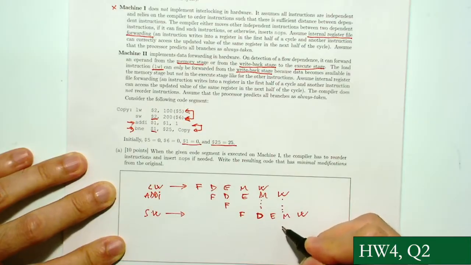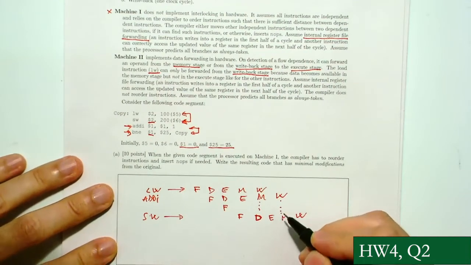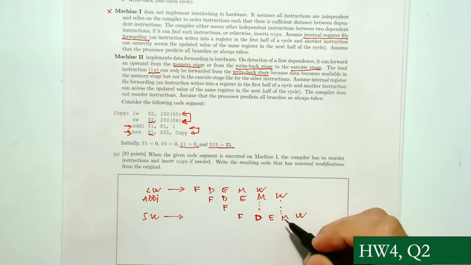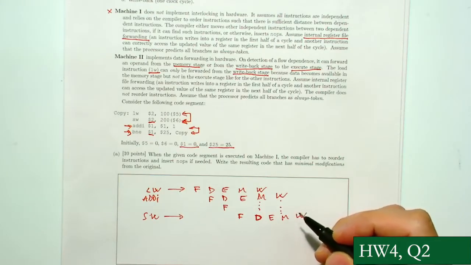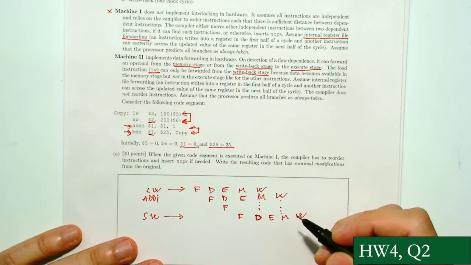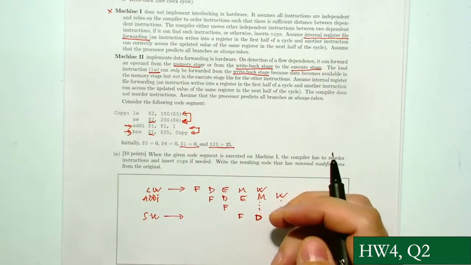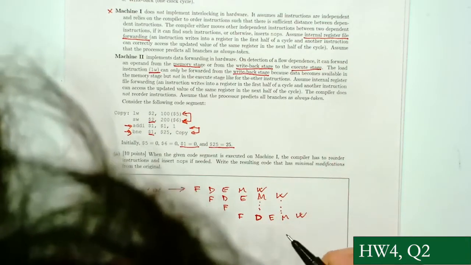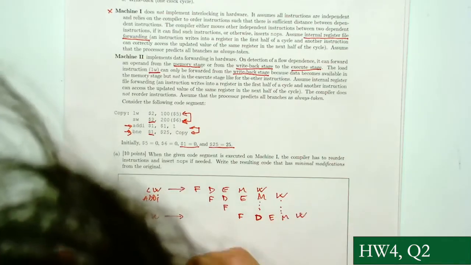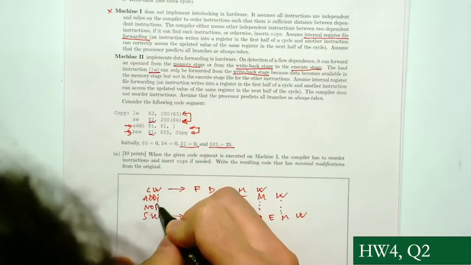So we will need to execute the decode in the write back. Let me check. Yeah. Okay. So basically here we have to insert an op.